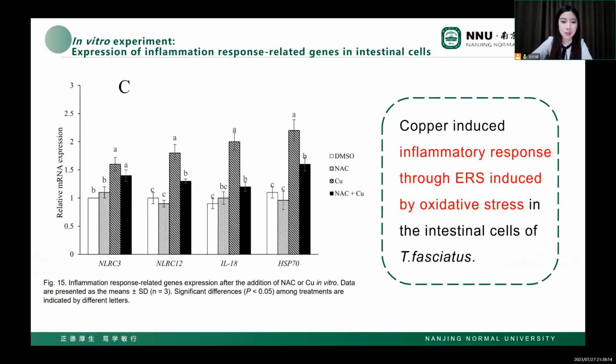And the same changing trend is also observed in the inflammation response-related genes. So we saw that copper induced inflammation response through ERS induced by oxidative stress in the intestinal cells of T. fasciatus.